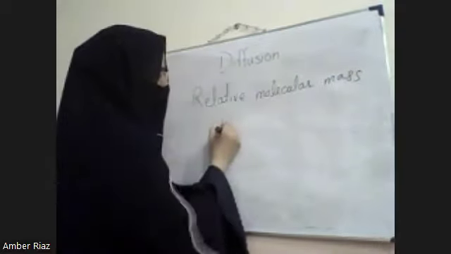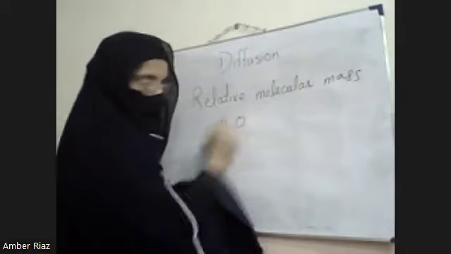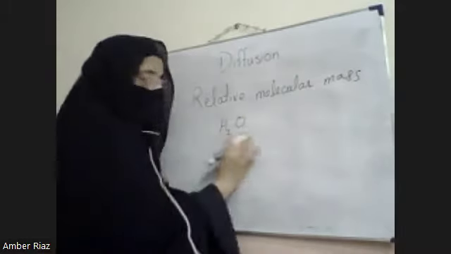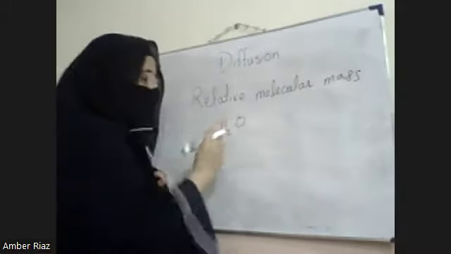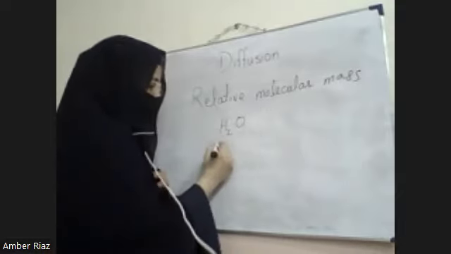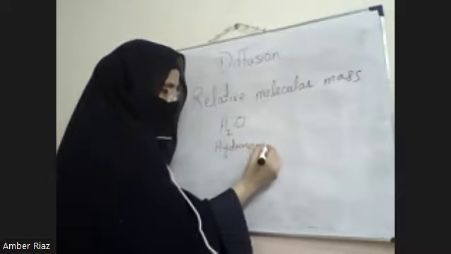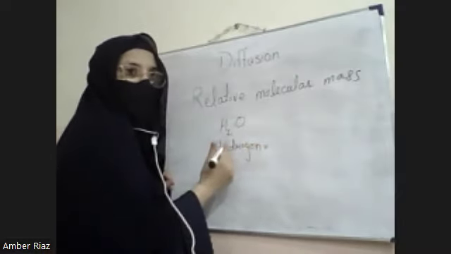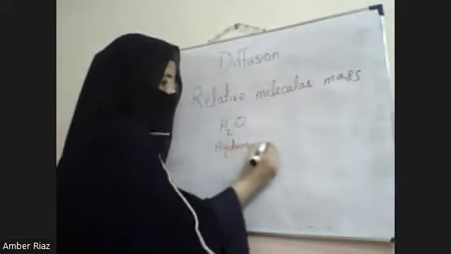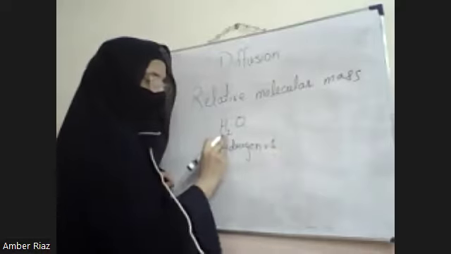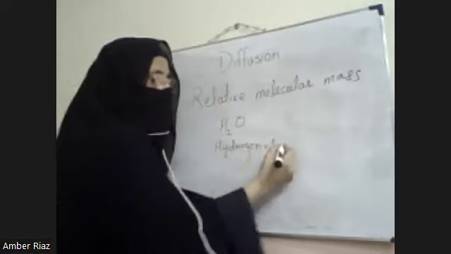For example, water. The formula of water is H2O. Here you can see two kinds of atoms, hydrogen and oxygen. The atomic mass of hydrogen is 1, but there are 2 atoms of hydrogen, so we will multiply it with 2.